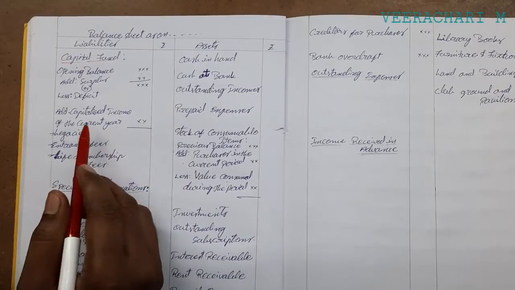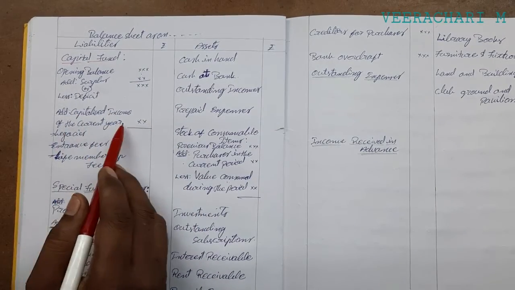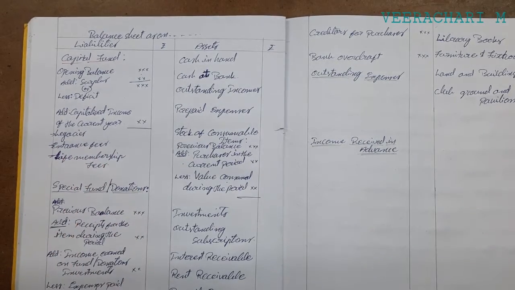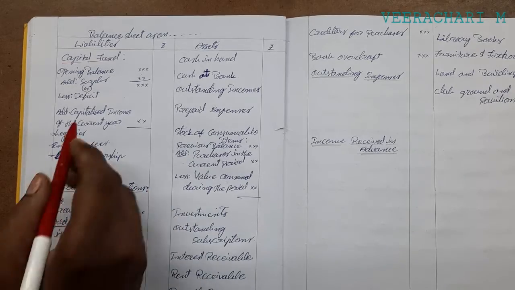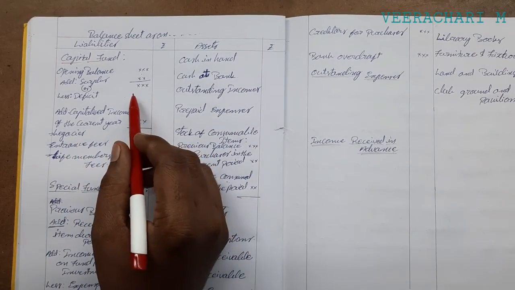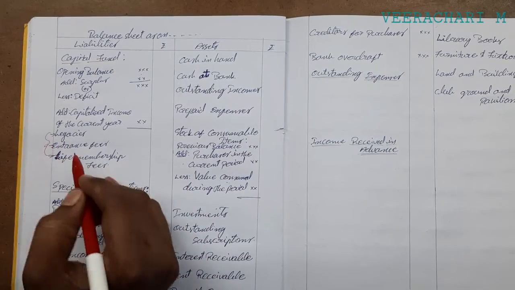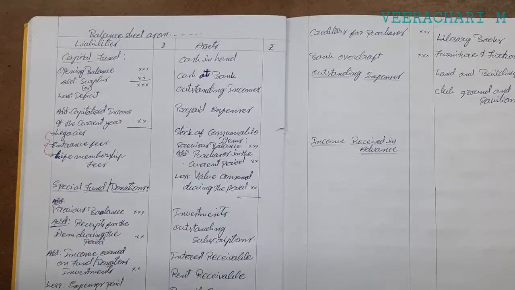We can also capitalize the income of the current year, like legacies, entrance fees and life membership fees, and add them to the capital fund. There is no problem, or otherwise you can write them individually. Legacies, entrance fees and life membership fees we should add to capital fund.